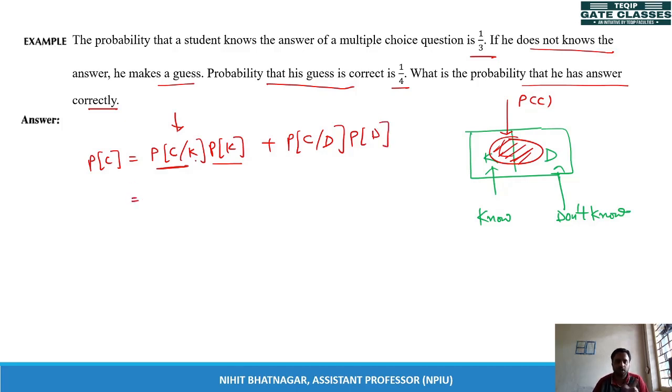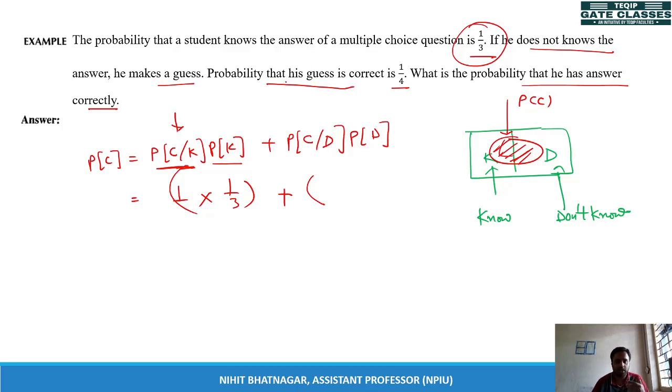So you can see, if the student knows the answer, the answer will be correct. What is the probability of this? It's always equal to 1, because if I know the answer, I will definitely answer correctly. Multiply by the probability that he knows the answer, that is 1 by 3, plus the probability that the answer will be correct if he does not know the answer.